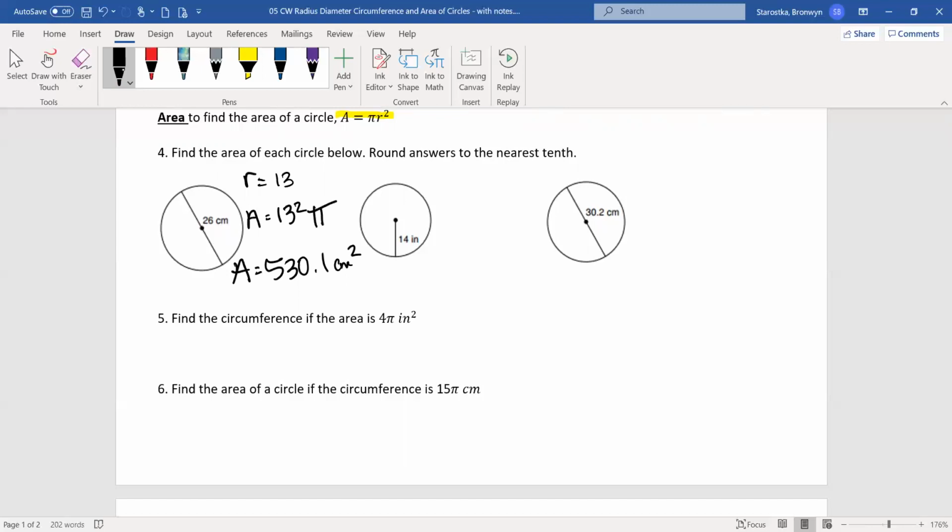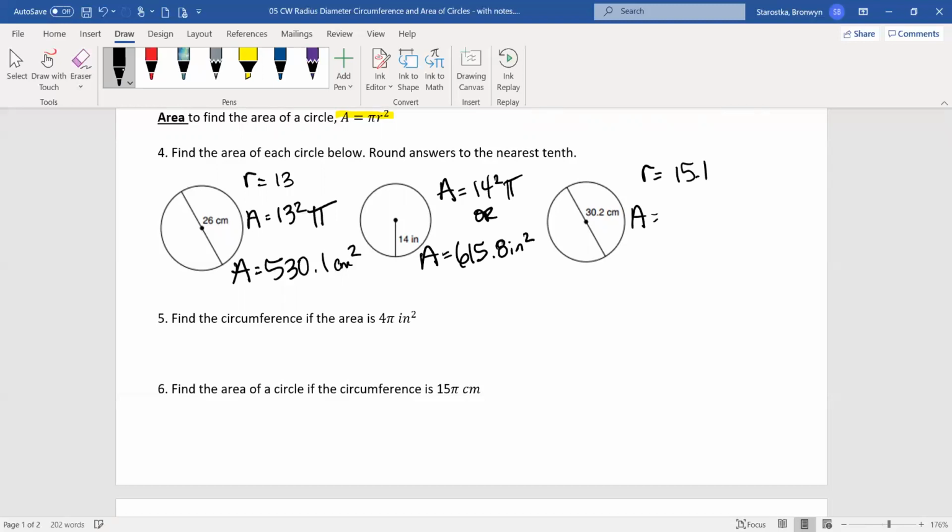We also have the radius, 14. So our area is 14 squared pi, or our area is 615.8 inches squared. And for this one, we do need the radius. So our radius is 15.1.